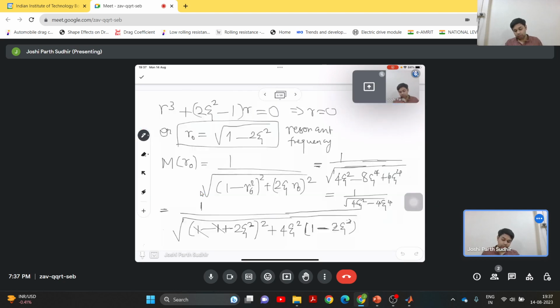For small values of damping, we can neglect the zeta to the power 4 term and write it as nearly equal to 1 by 2 zeta.